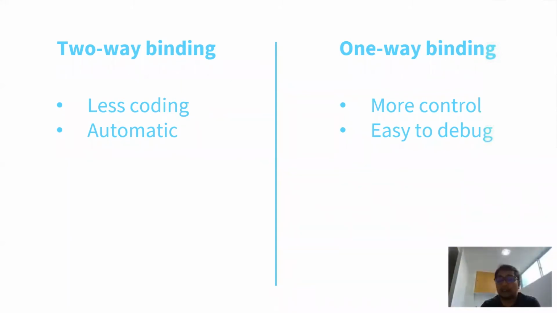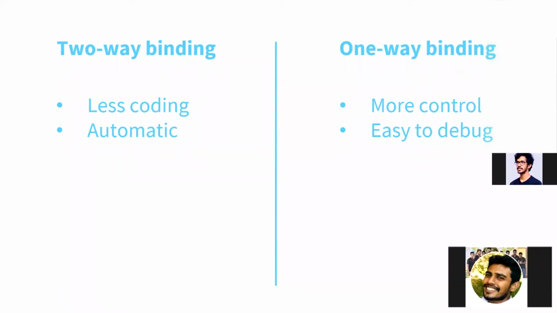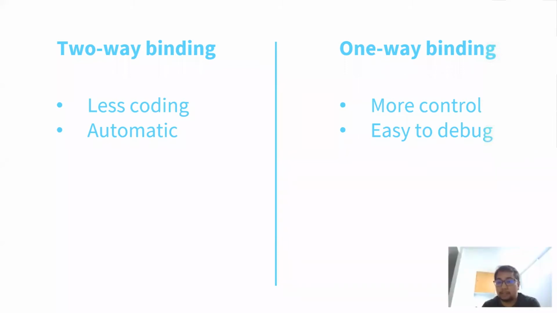So it's two-way binding. Because of that, it's less coding. You don't have to write much code. It syncs up with each other. But React is one-way binding. That means you have to do a little bit more in code. We are going to learn about those things later. So this is a small description of React.